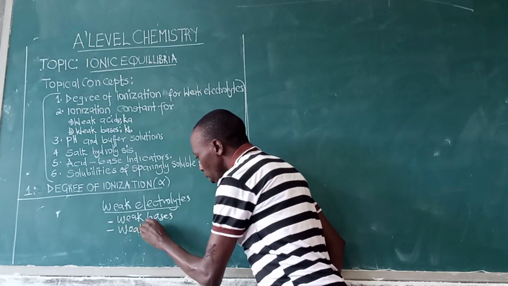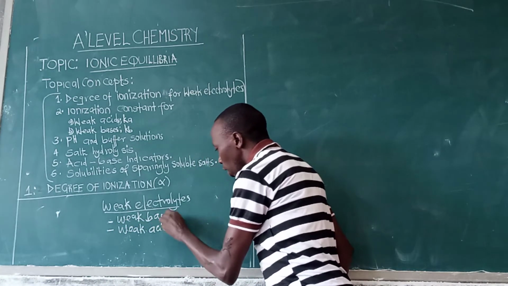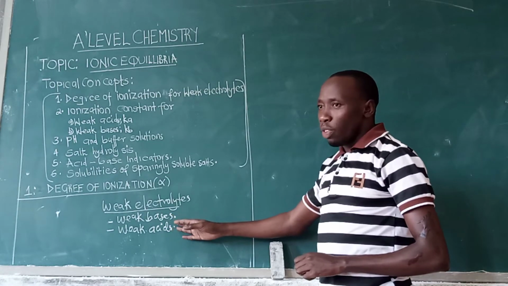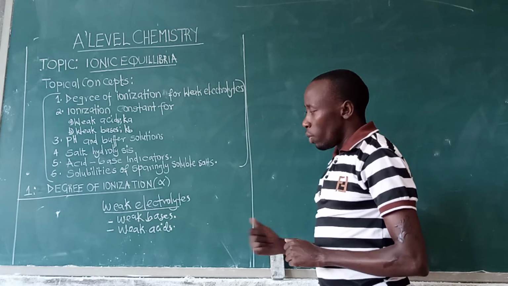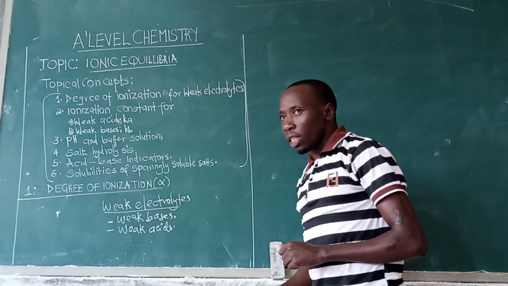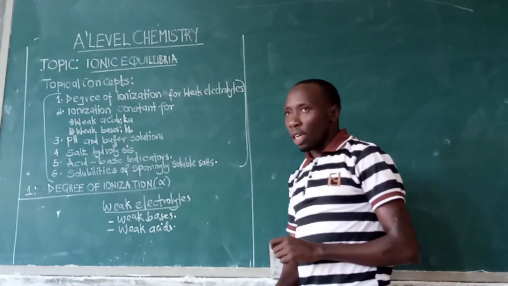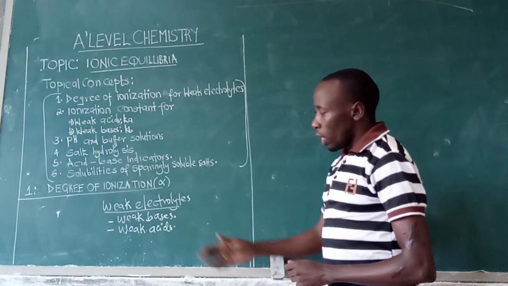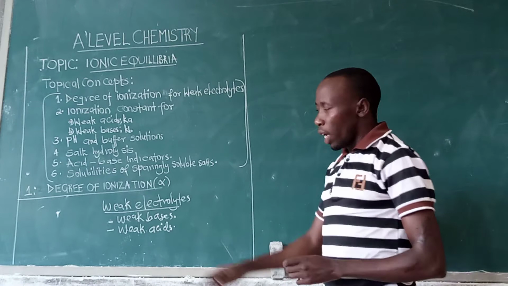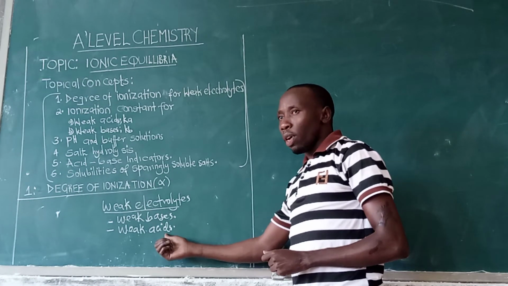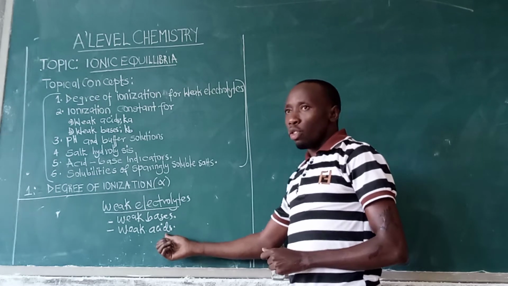We are also looking at weak acids. According to Bronsted-Lowry, and the Lewis bases and Lewis acids, we all know what a weak acid is. A weak acid is a substance which releases very few conducting ions in solution, and likewise produces very few hydrogen ions in solution.